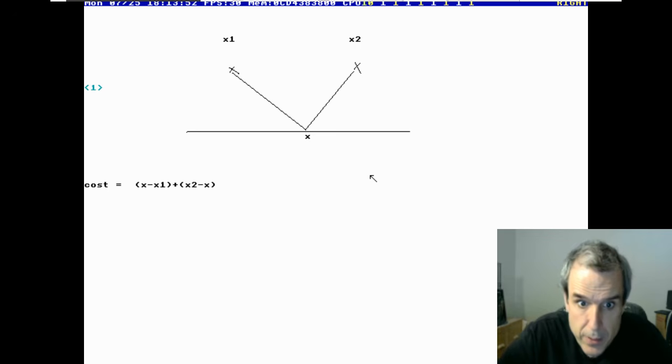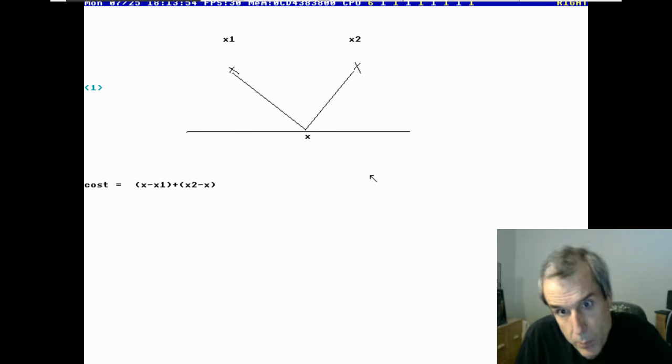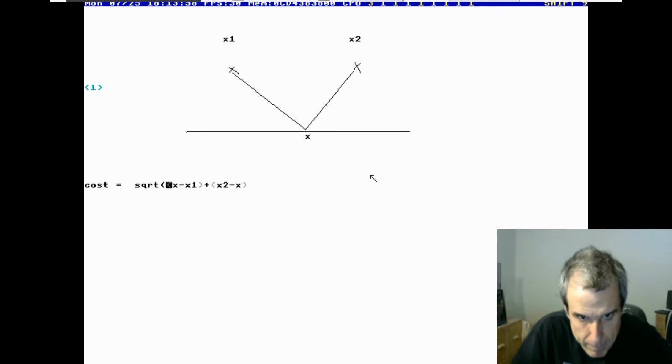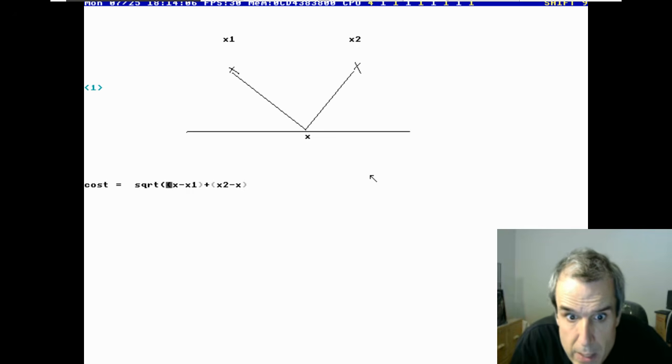So we have to do the distance formula. Is this going to work?